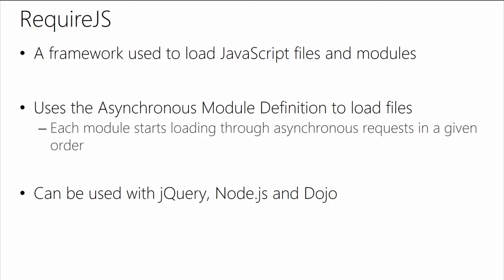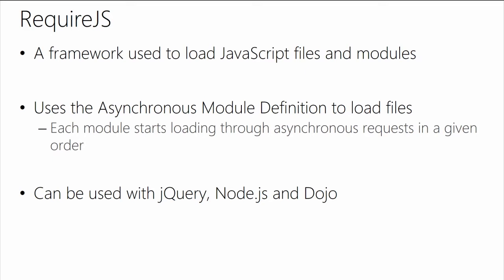So require.js is actually a framework that is able to load different files and modules onto your JavaScript code. What you'll be using is a require keyword, but I'll show you all of that just so you're not confused. And it uses asynchronous model definition to load its files. So each module will load through a request in a given order. You can control how you want it to load, but usually it's more so asynchronous.